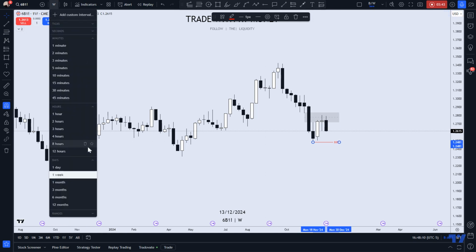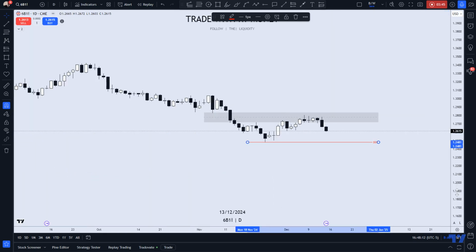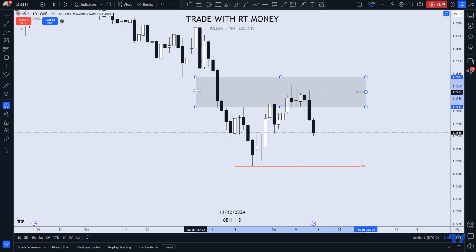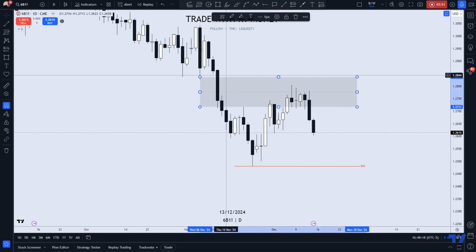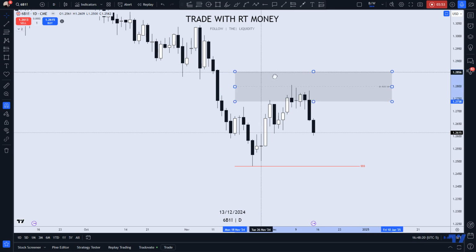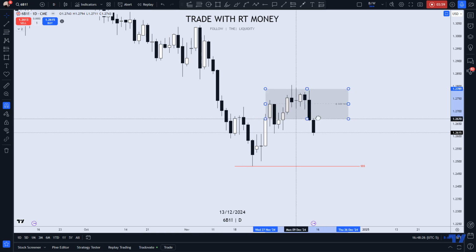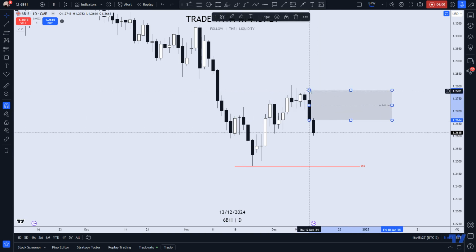If we go to the daily, do we see any daily fair value gaps? Yes, we do. We can move this weekly because we know it's there already. So don't get panicky on me. If I can just turn this into a daily fair value gap.